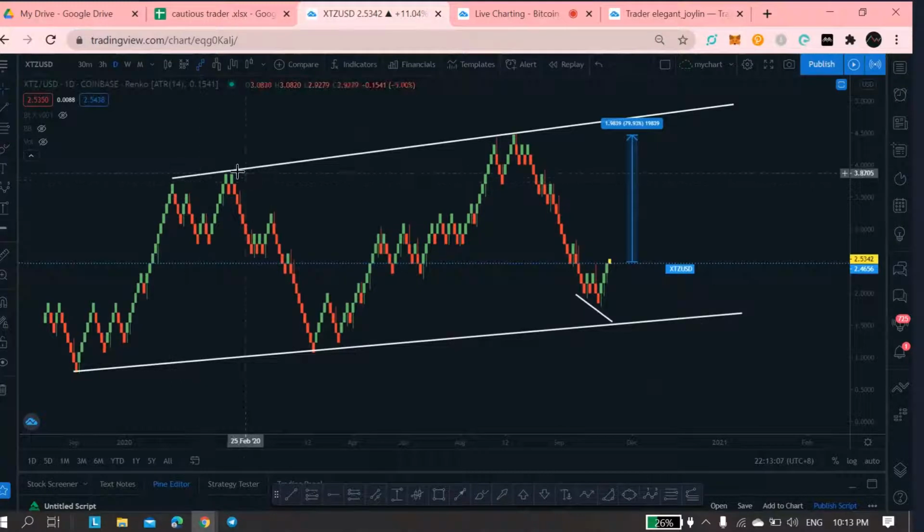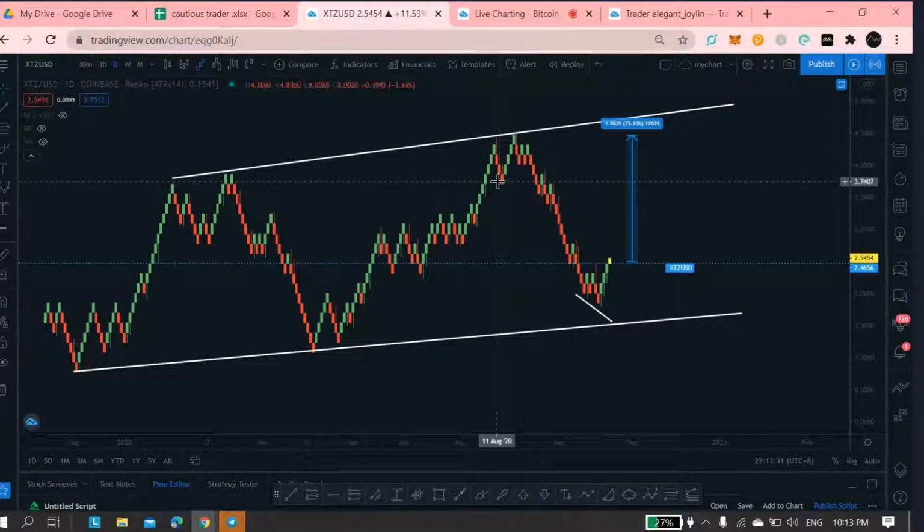But if you look at it, this is a strong resistance area using this Renko chart. So if it hits that, what's the high of this? 4.46 this area, 4.49, 4.49.